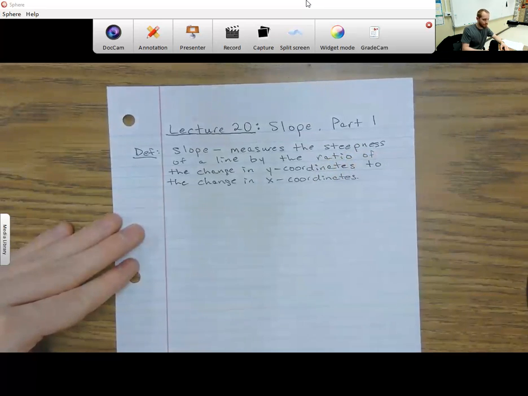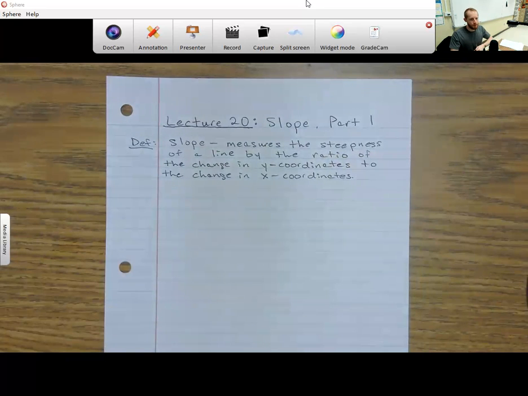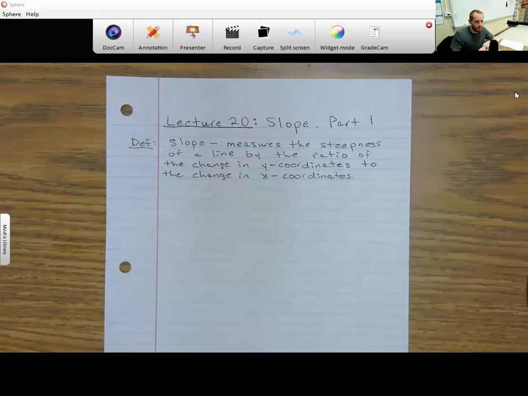Okay, so slope is going to measure the steepness of a line.